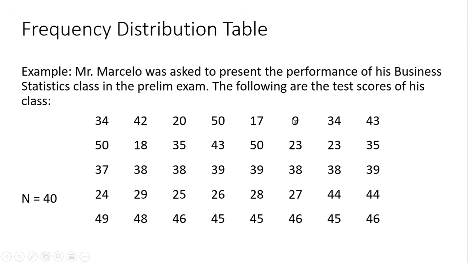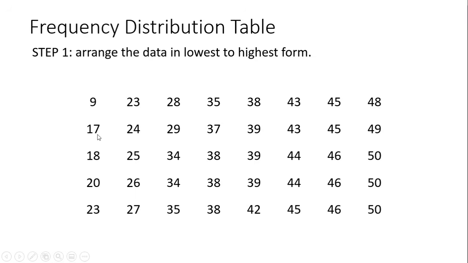There we have 9, followed by 17, and then 18, 20, two 23s, 24, 25, 26, 27, up to 50. So the arrangement is from lowest to highest, and it's presented from top to bottom, for each column. So that's our arrangement here.